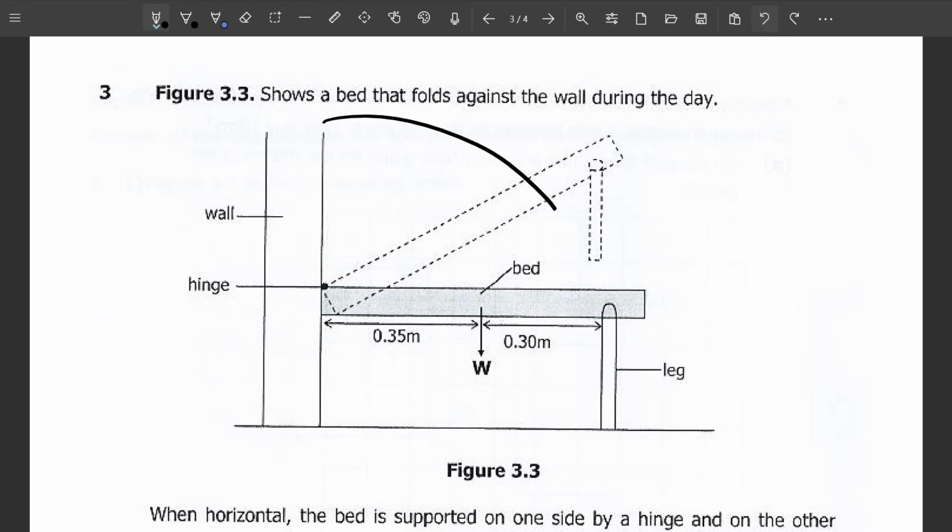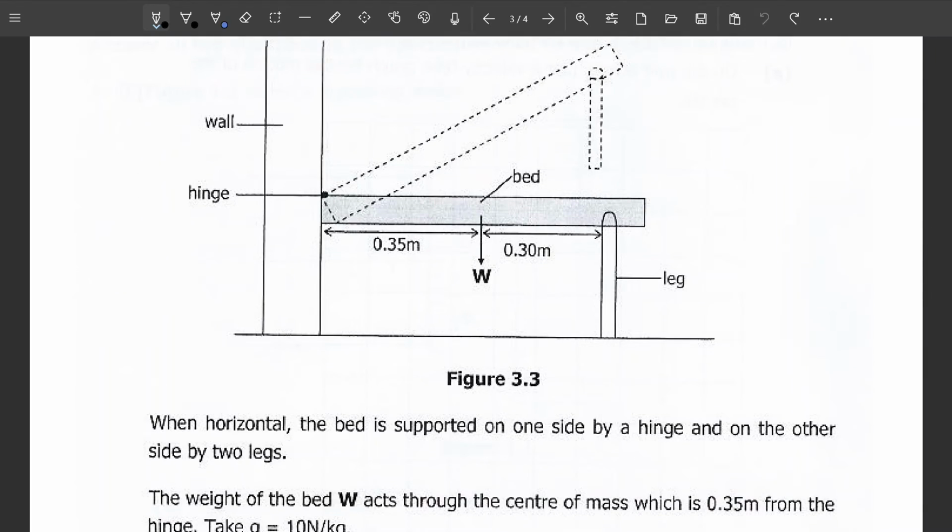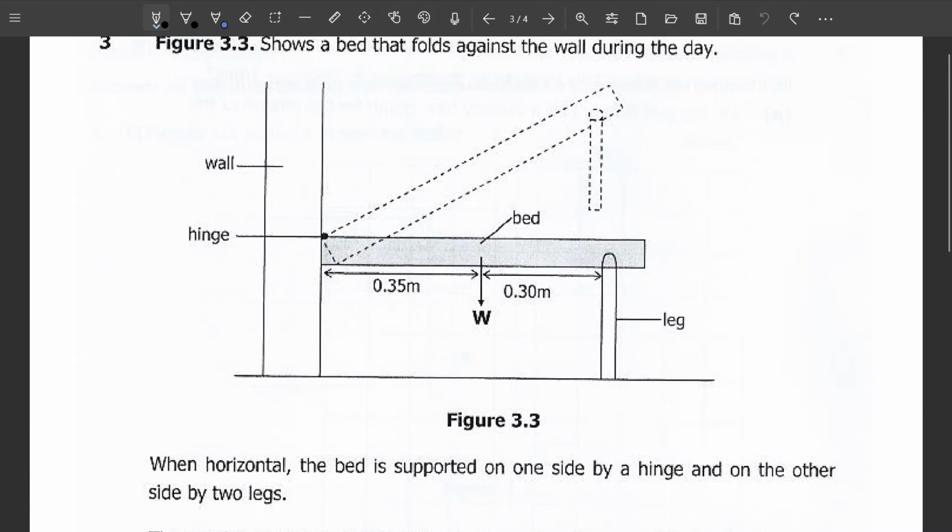Okay, then let's see the question as it goes. Then it's saying when horizontal, the bed is supported on one side by a hinge and on the other side by 2 legs. So it has 2 legs, one is behind this leg here.